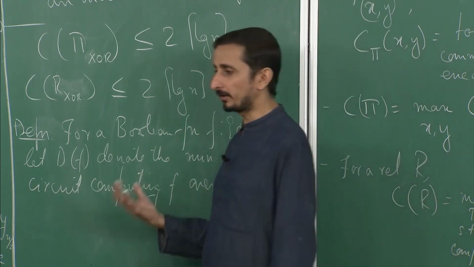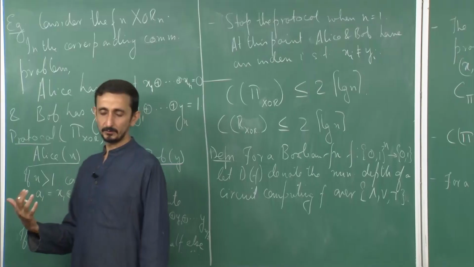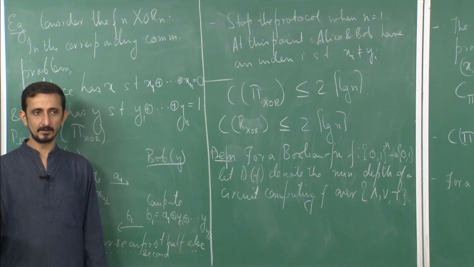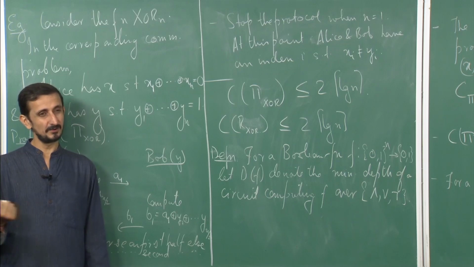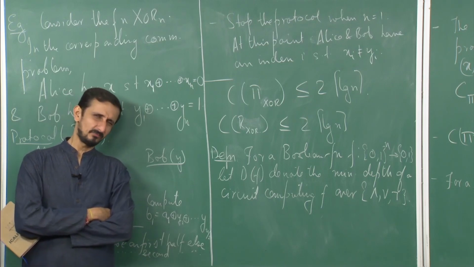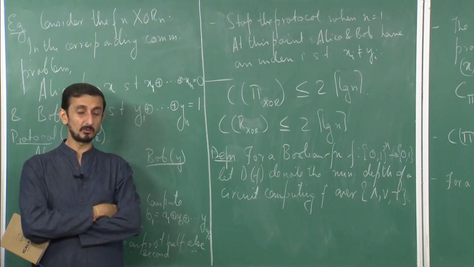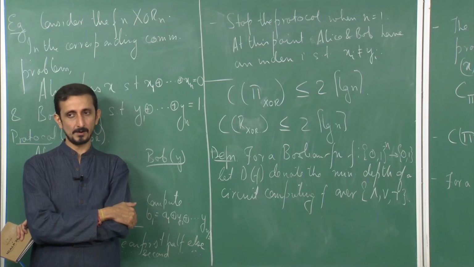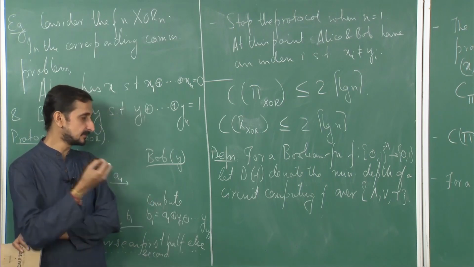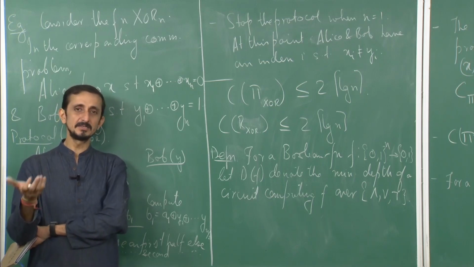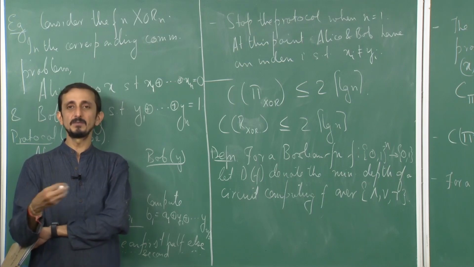It is omega of log n, so it is at least log n. Why is it at least log n? Kravchenko's theorem talks about the size, and that is one way to argue, but there is a much simpler explanation that uses no theorem. It is just the pigeonhole principle: if you have a circuit with bounded fan-in whose depth is less than log n, say small o of log n, then it must skip some input.